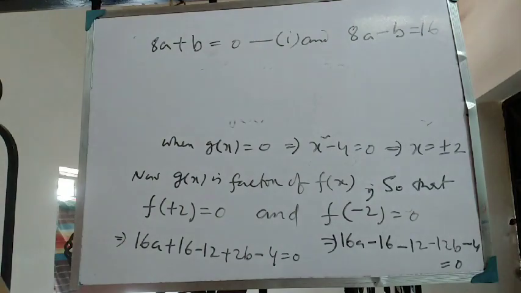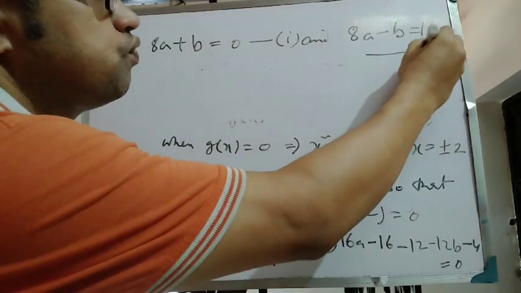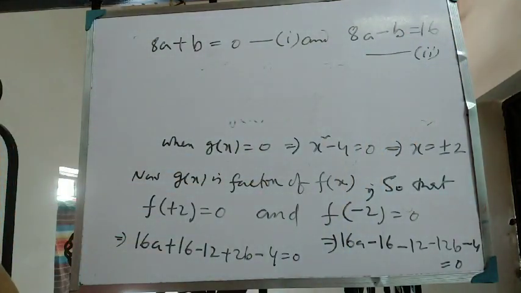You know several methods to find the solution of simultaneous equations. It may be the method of elimination, comparison, cross multiplication, or substitution. You generally like the method of elimination.